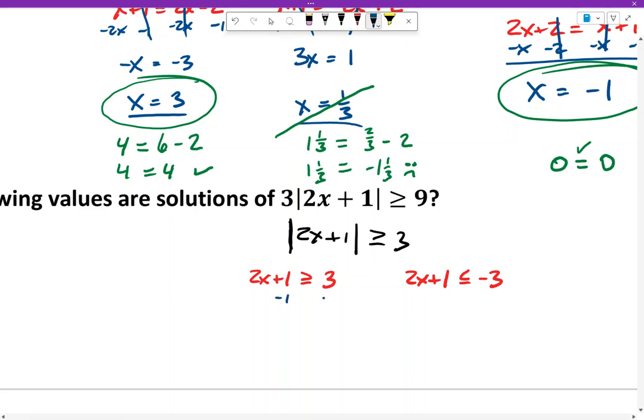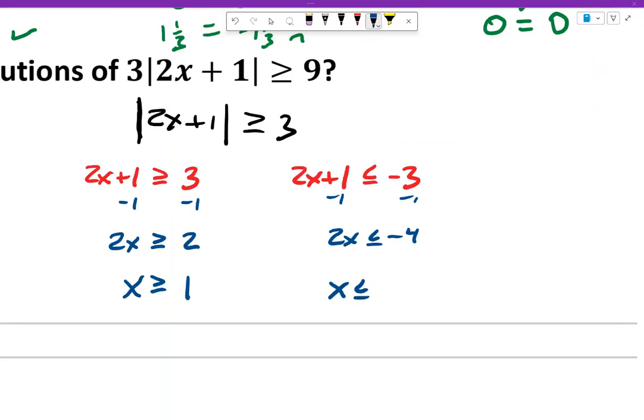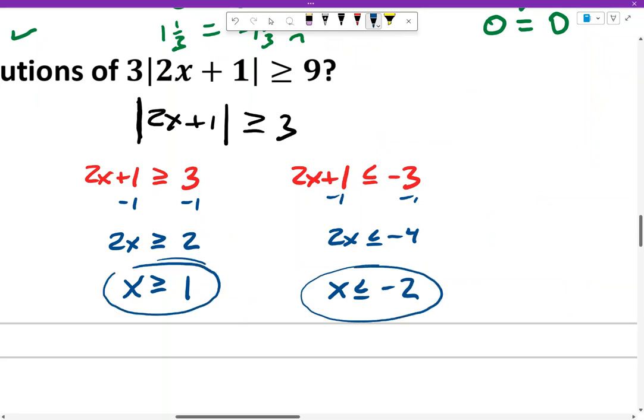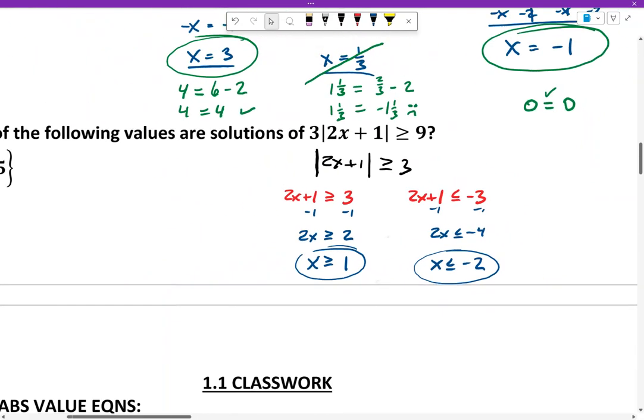So we'll subtract 1. 2x is greater than or equal to 2, which means x is greater than or equal to 1. And over here we'll subtract 1. 2x is less than or equal to negative 4, so that means x must be less than or equal to negative 2. So here are my two inequalities that give me my range of solutions.